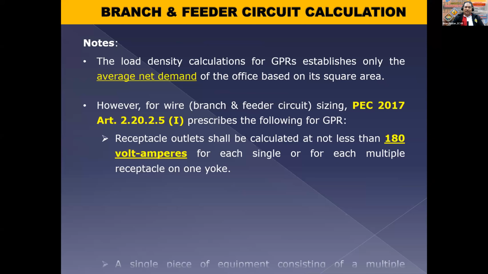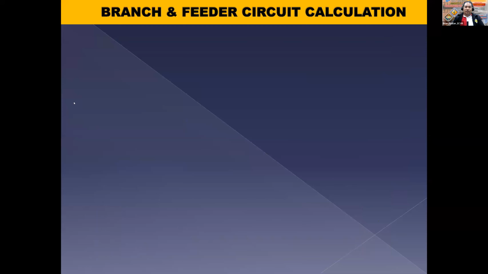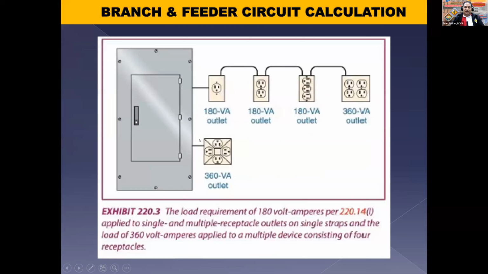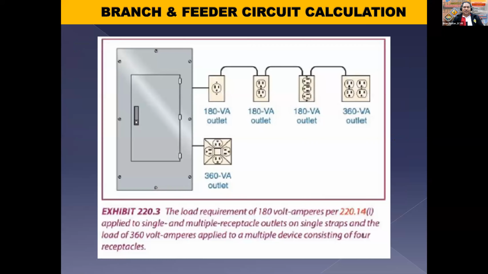We have an assumption of 180 volt amperes for each receptacle if up to 3 gang, and 90 for 4 gang, or 360 VA for one receptacle. We will suspend this for later, because we first establish the comparison between load density and the actual connected load, whichever is higher. Okay? So let's skip this for now.